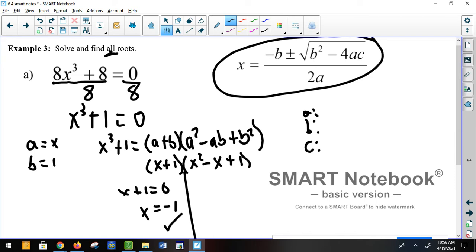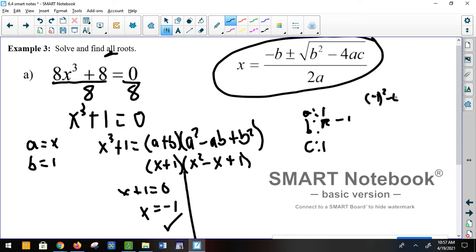So the A value is the coefficient of the quadratic term, so 1. B is the coefficient of the linear term, so in this case it's negative 1. And the C value is whatever that constant is, so 1. I like to find B squared minus 4AC first. So B squared is negative 1 squared, which ends up being 1.